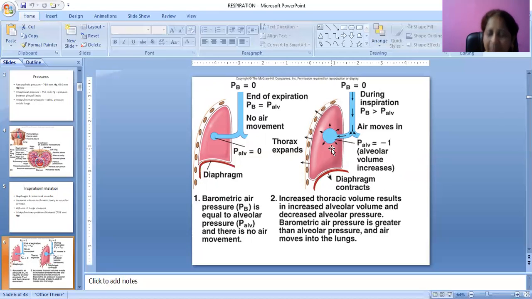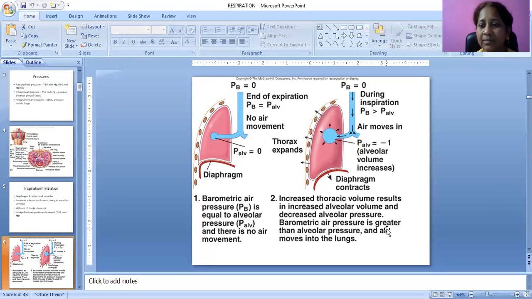Because of intercostal muscle and diaphragm contraction, increased thoracic volume results in an increase in alveolar volume and a decrease in alveolar pressure.